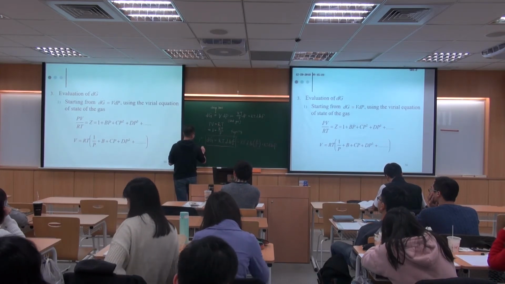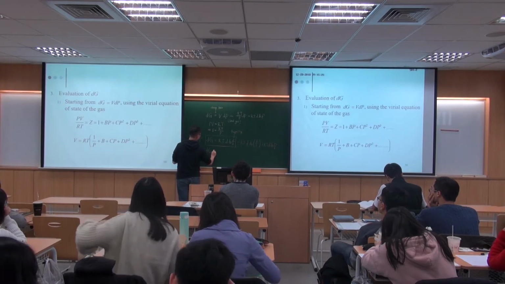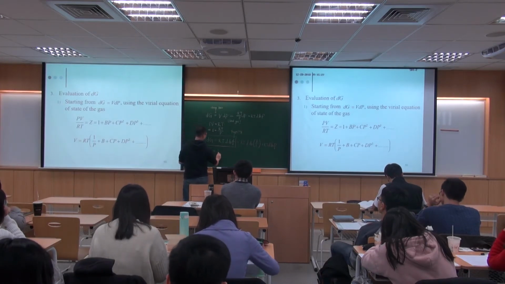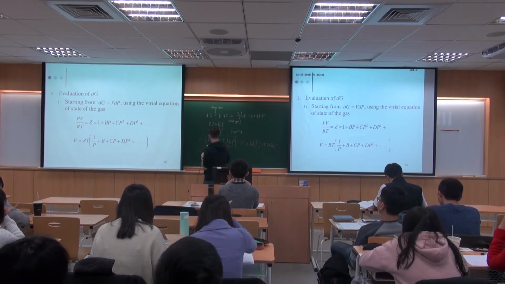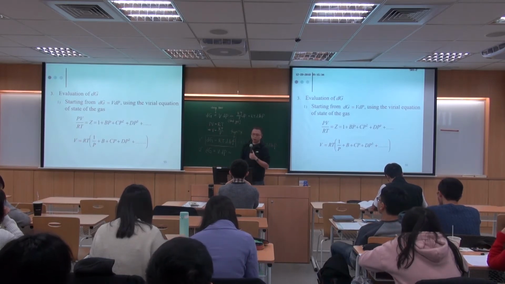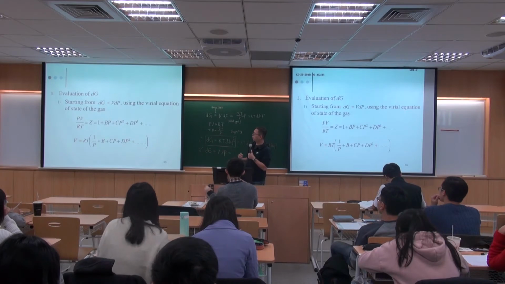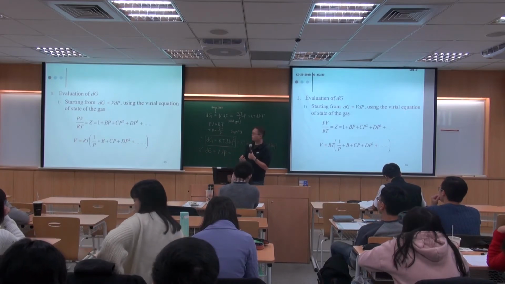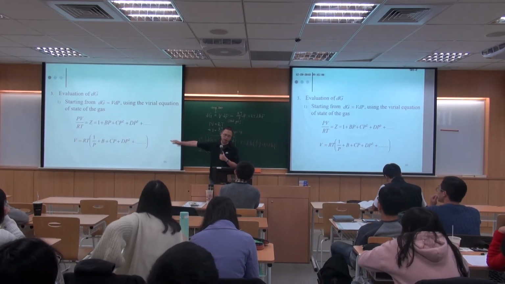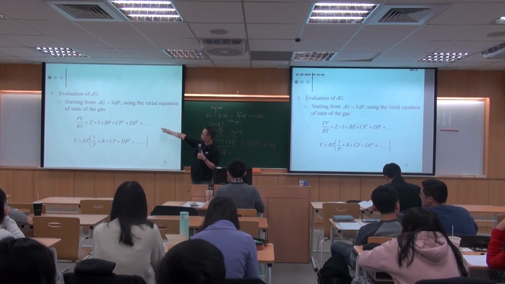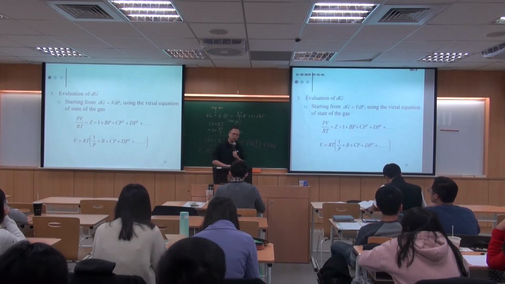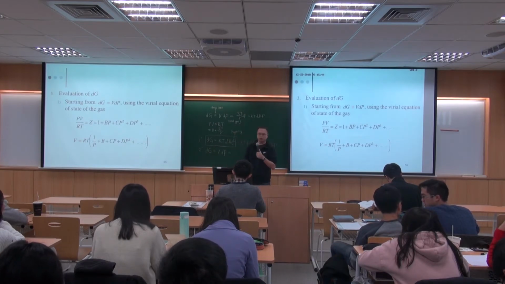The second way, let's say, you just go back to the original expression. And in some cases, for instance, if you're dealing with the Virial expansion, like we show over here on this slide, we know that for Virial expansion, PV over RT is a function of pressure.